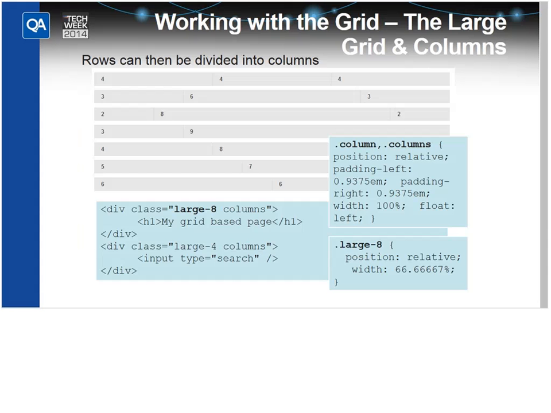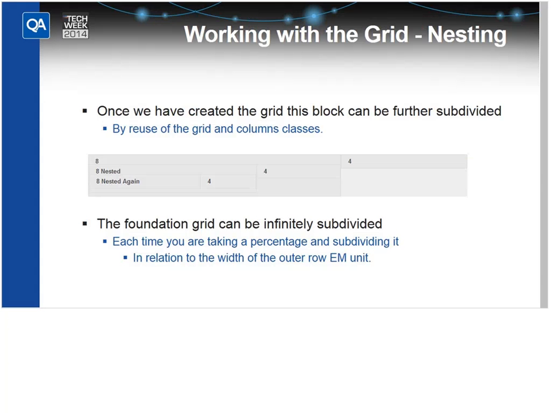There is a large, a small, and a medium grid. And if you use different grid classes for different blocks and different sizes, you can reflow the page. I'll show us that very shortly. Okay, the grid can be nested inside another. So what we can do is break one part of that grid, one row, into 8 and 4.